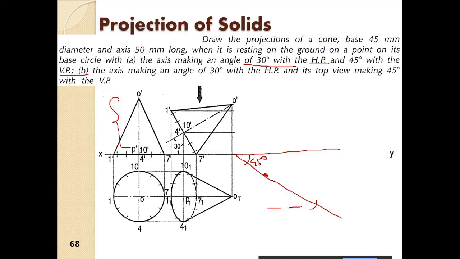Then we have to draw the parallel line to the axis, and then taking this point as the center and this as the radius. This is already rotated by 30° to the HP. So from here we will mark a point at 30°, P1O1, and we will get the beta angle.